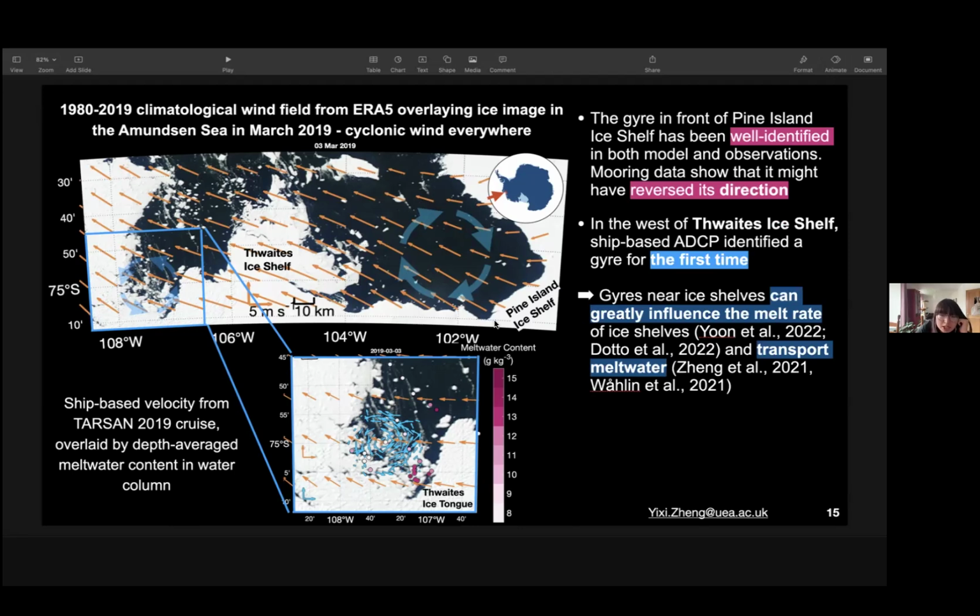And then they can also transport the meltwater to everywhere, and then extend the influence of meltwater to a larger area that is further away from the ice shelf. So then they might contribute to creating an even bigger polynya, or contributing to boosting the phytoplankton bloom in areas that are further away from the ice shelf.